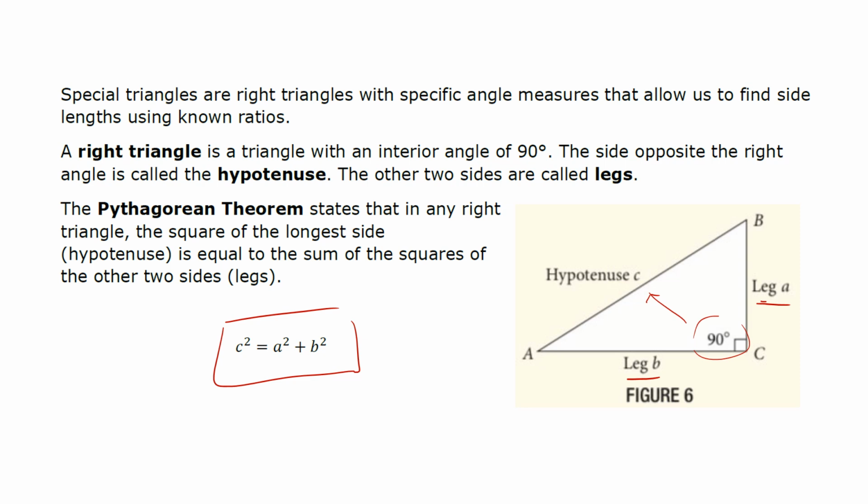You might also see it as A squared plus B squared equals C squared. You can write it either way. So the square of the hypotenuse equals the sum of the squares of leg A and leg B. We can use this theorem to find the sides of a right triangle. If we're given two sides, we can then find the third using this theorem.